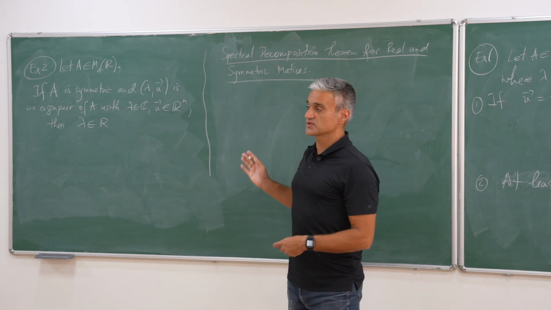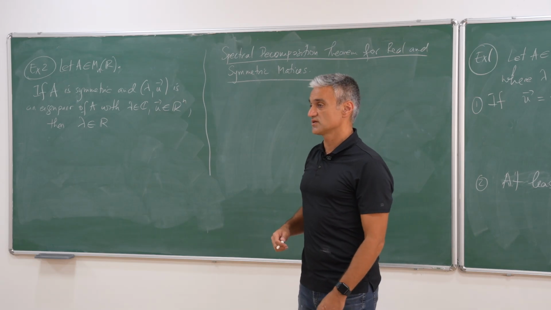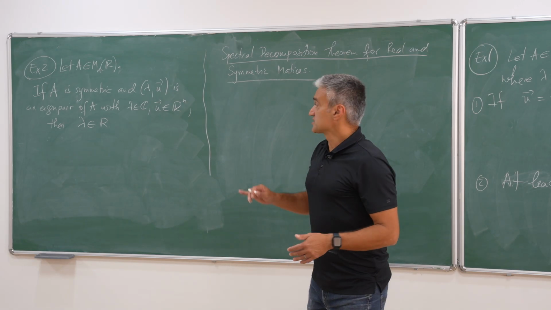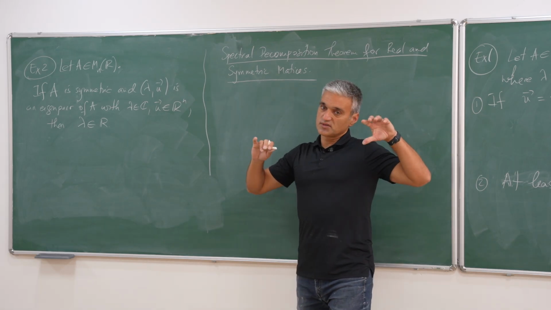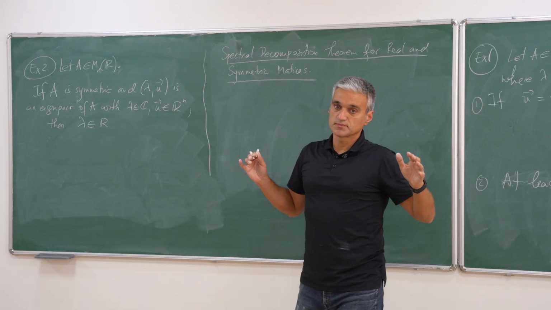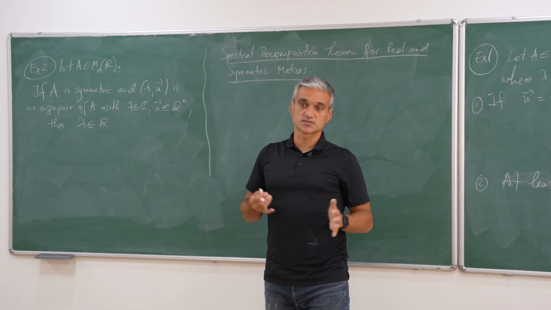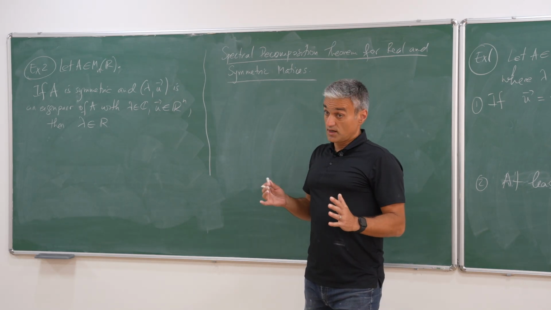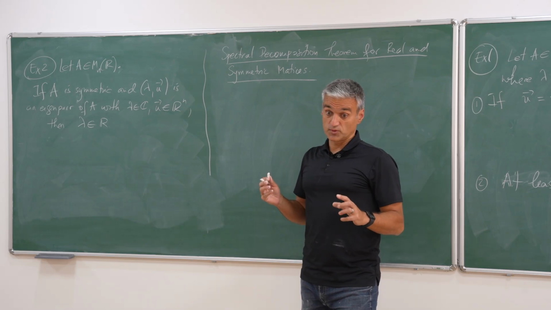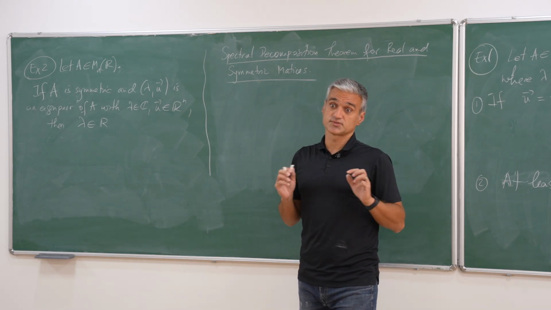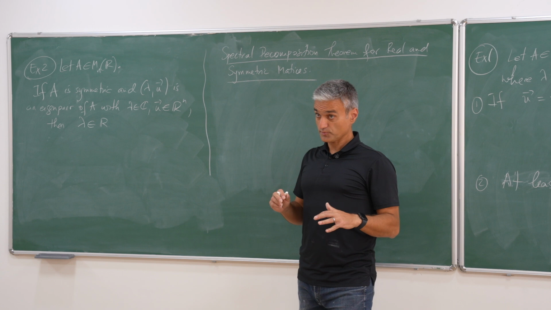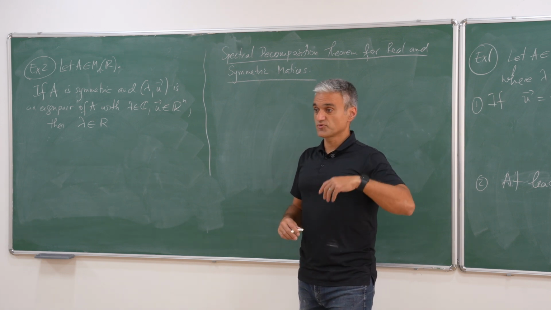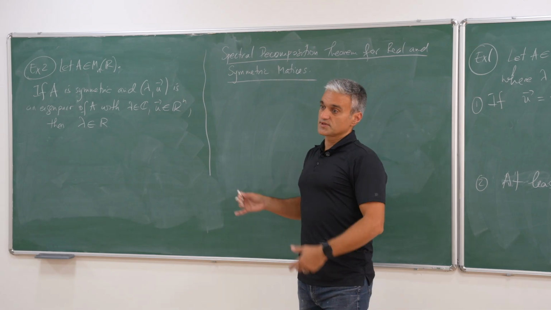After we go through this proof, I'll give you another perspective on it, which is broader, in which this theorem is a consequence of a bigger theorem called Schur's theorem. Schur's theorem is not something super complicated, but it allows you, with one stone, to kill many birds. Schur's theorem is a general theorem, and its consequences are the spectral decomposition theorem for Hermitian, for real symmetric, and for normal matrices.